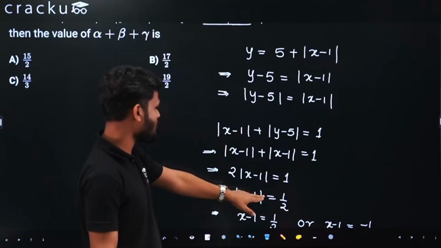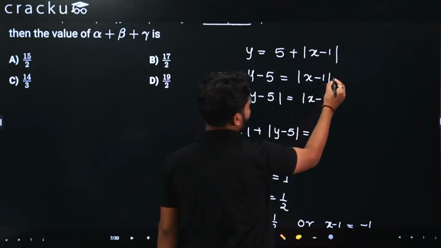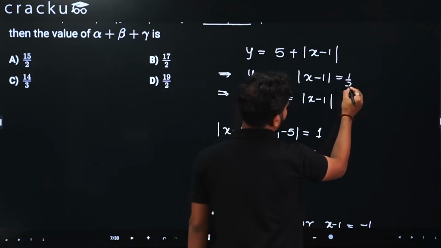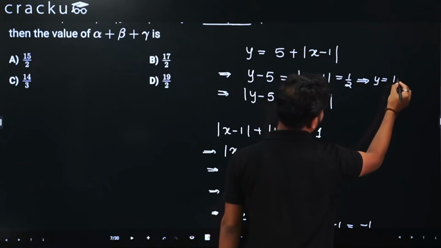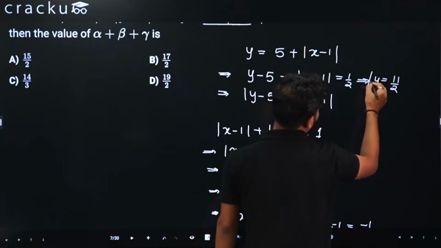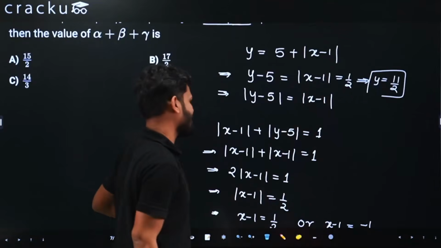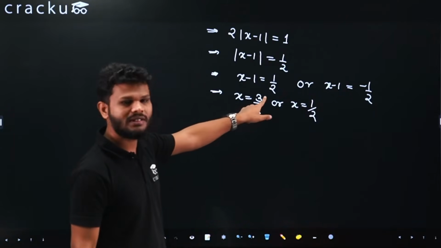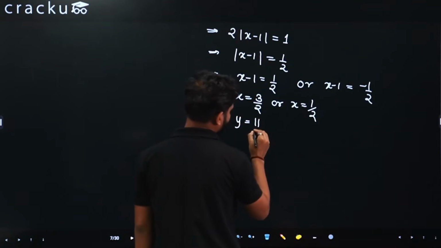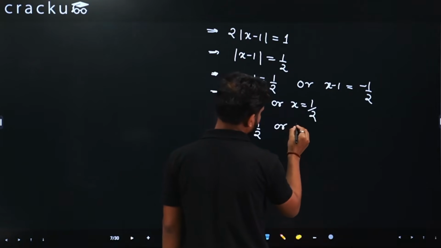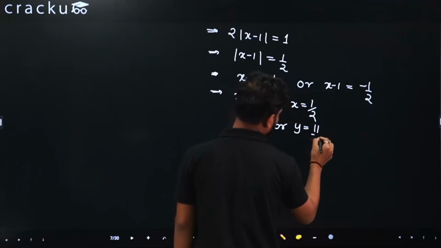If you see here, mod of x minus 1 is 1 by 2. So if you keep 1 by 2 here, you get y is equal to 1 by 2 plus 5, which is 11 by 2. So for both 3 by 2 and 1 by 2, y is 11 by 2.